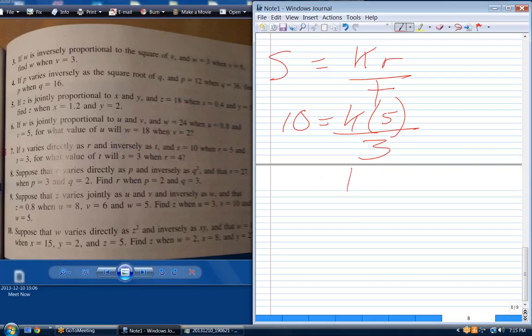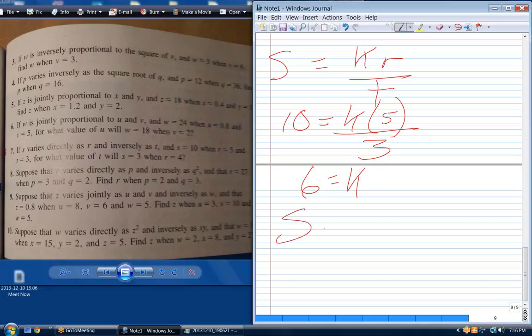So I'll multiply everything by 3. You get 30 equals... You get 6 equals K.